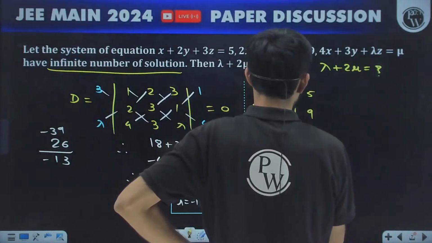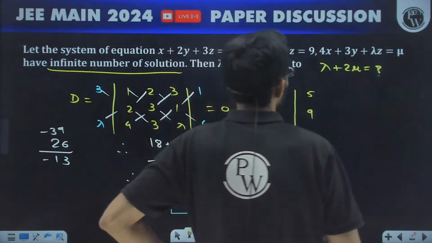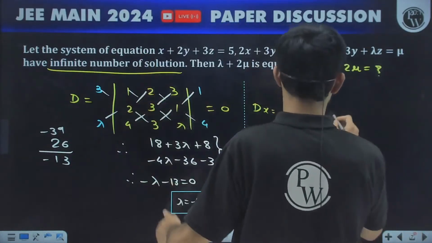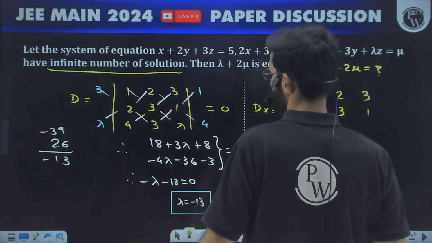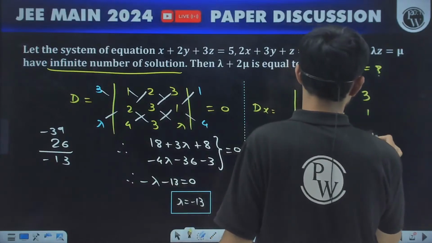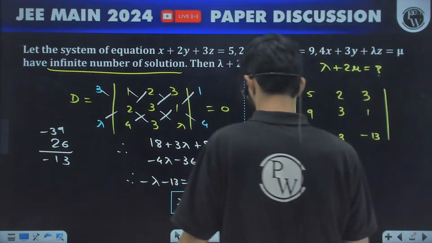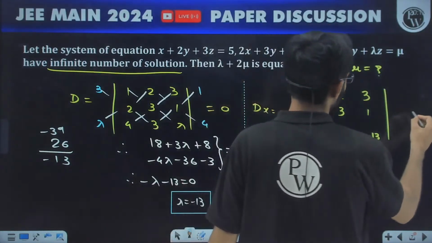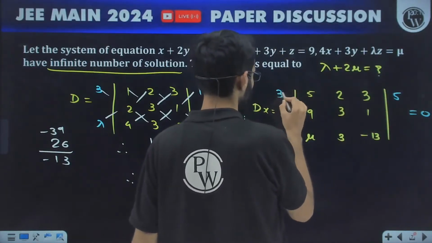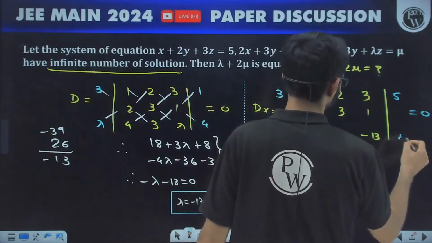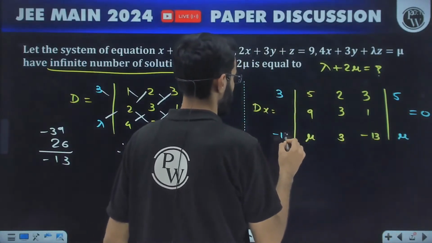This will become 5, 9 and mu, and with this one, I'm going to have 2, 3, 3 and 3, 1, lambda. Now I'm having the value of lambda as minus 30, which I can substitute. This dx will also become 0. For that, let me put 5 over here, mu over here and minus 30.